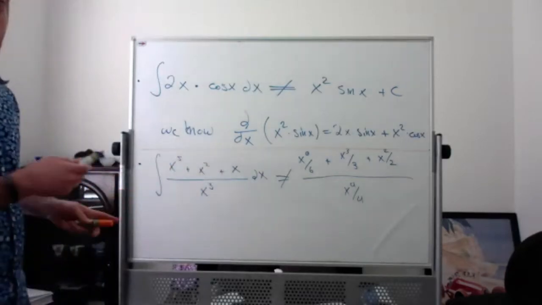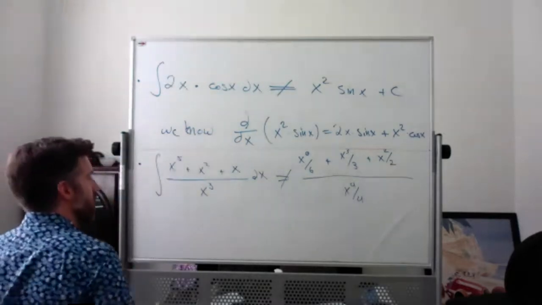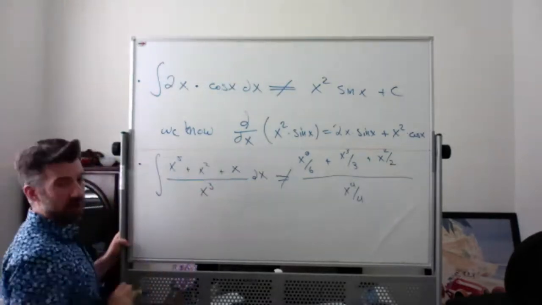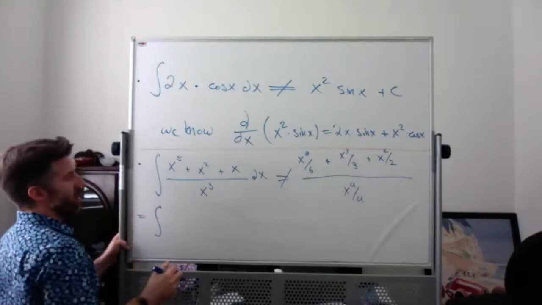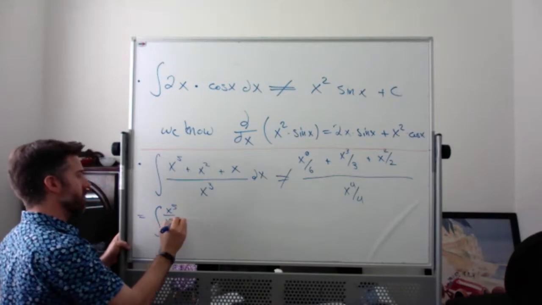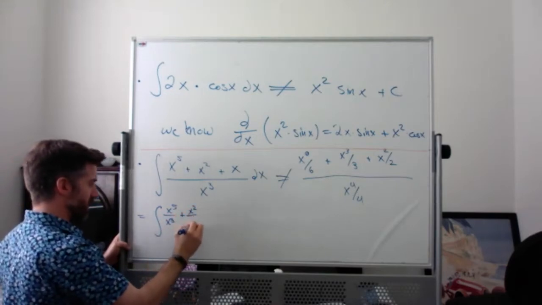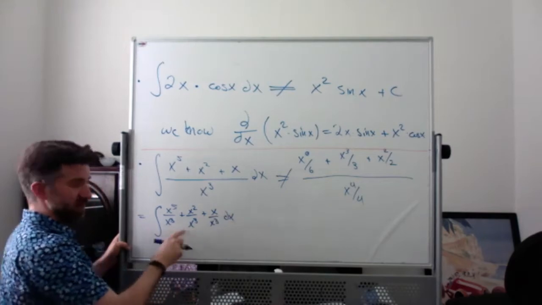So the way we should actually integrate or anti-differentiate something like this, when you have a quotient that's divided by just one power of x, you're going to simplify it first. So this is equal to the integral of, I like to write it this way, x to the 5th divided by x cubed plus x squared divided by x cubed plus x divided by x cubed, and then simplify each of those.